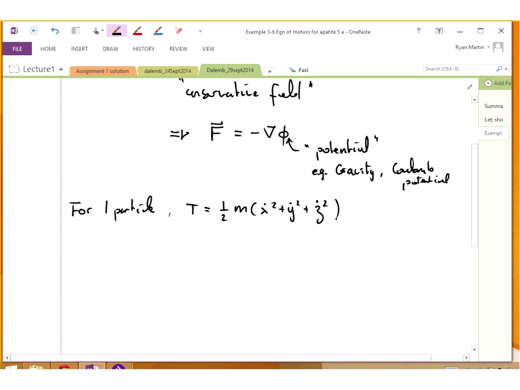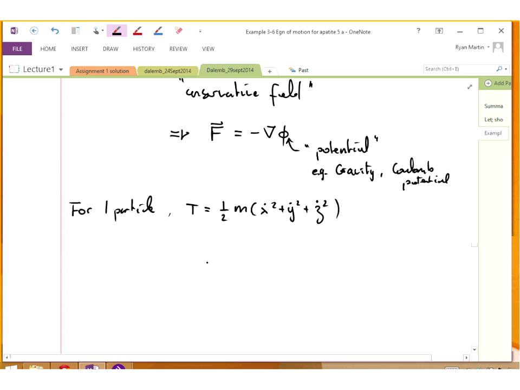Remember, we want to use D'Alembert's principle, which has the thing on the left that looks like the Euler-Lagrange equations with all the partial derivatives of capital T, and on the right-hand side, we have the generalized force. So we need to figure out the generalized force.